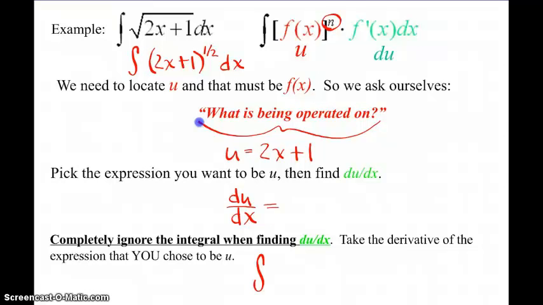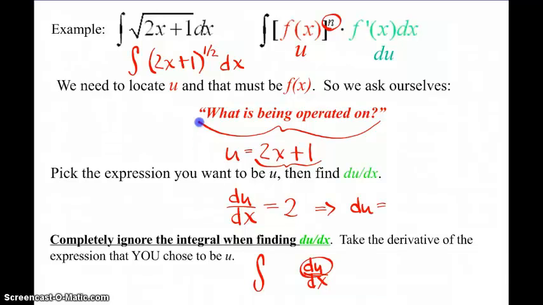Here's the point where I ignore the integral. I don't care what's up there. I'm only looking at my choice for u, and the derivative of that is 2. But I don't want the derivative. I'm not going to put du dx in this integral. I only want du in the integral, so I need to solve this for the differential du.